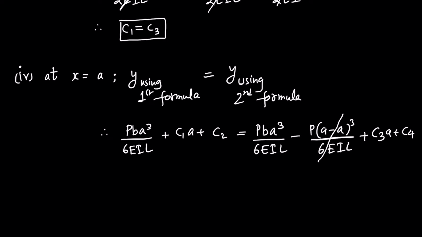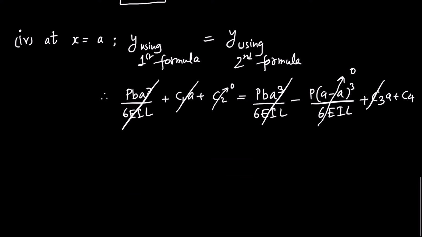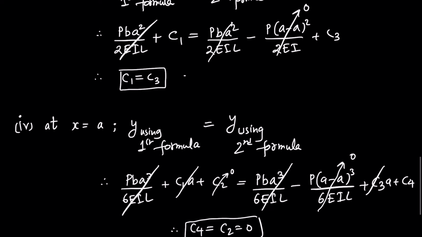Now this term is equal to 0, these both terms get cancelled out. Now C1 is equal to C3, so these two terms also cancel out, and C2 is equal to 0. We have already seen that C2 is equal to 0, so therefore I can say C4 is also equal to 0. But we haven't calculated the values of C1 and C3.